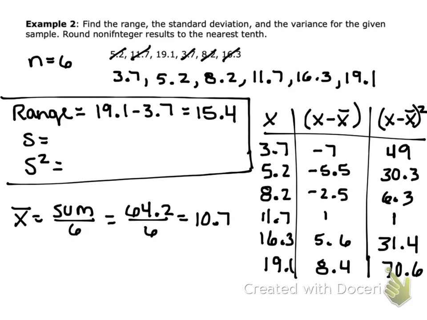Do I need to pause for a minute? Okay. So once we get all of those, we're going to take those squared deviations and add them up, and that will give us 188.6.